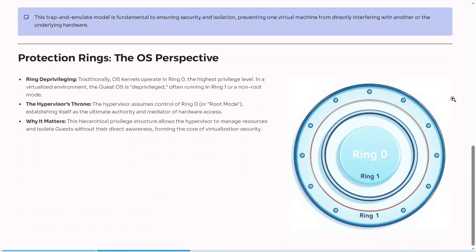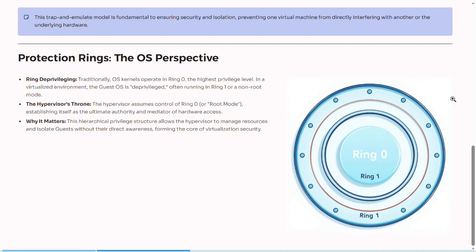In the protection rings, we call it the OS perspective, in which we study the ring deprivileging. Traditionally, OS kernels operate in ring 0, which is the highest privilege level.